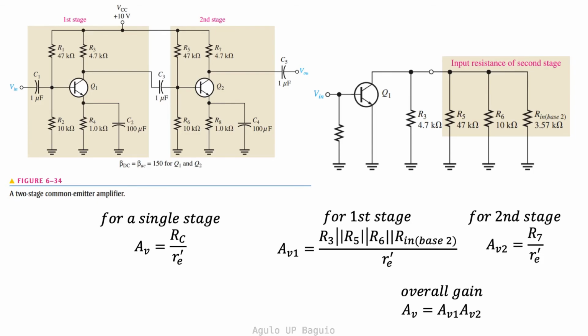The voltage gain for the first stage is then written as shown. For the second stage, there's no load resistance. Then RC is equal to R7. Thus, the total overall gain is the product of these individual voltage gains.